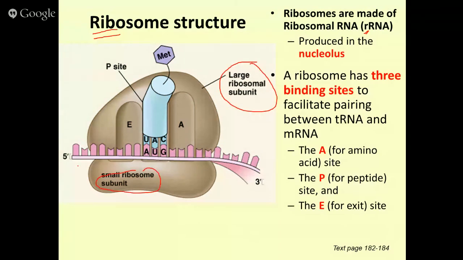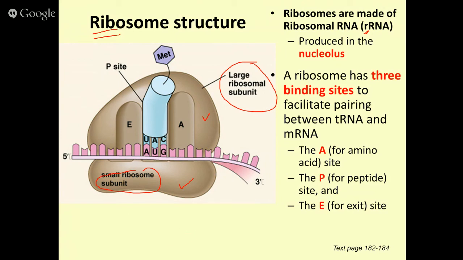So this part down here below the messenger RNA, that's your small subunit. This is your large subunit. So it's two pieces that come together and they kind of sandwich on top of your messenger RNA. So see this pink thing in the center? This is your messenger RNA. Your small subunit binds the bottom of the messenger RNA and the large subunit sits on top of the messenger RNA. So the messenger RNA is kind of sandwiched between these two subunits.